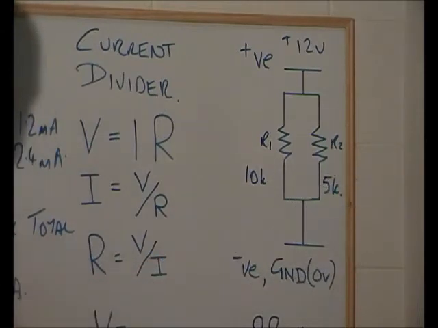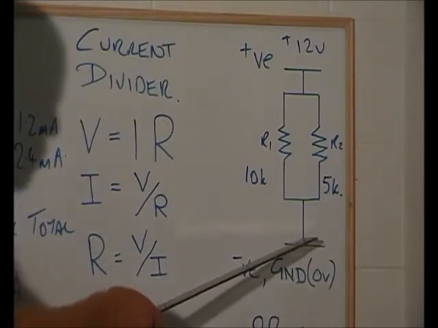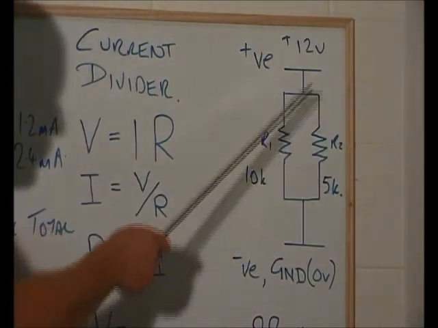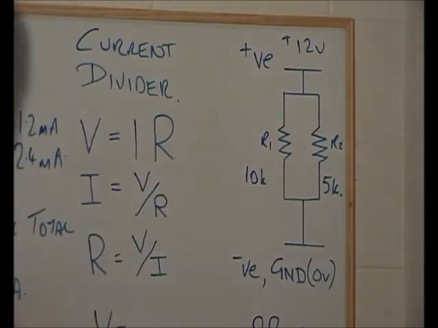We'll make this one 5k or 5,000 ohms. Now that gives us a total of 3.333 repeater kiloohms, or 3,333 ohms, which gives us a total current flow of 3.6 milliamps flowing up through this current divider circuit, parallel circuit.